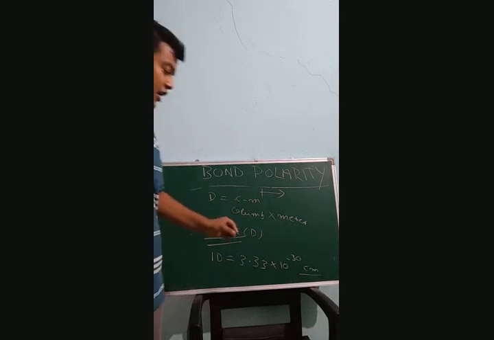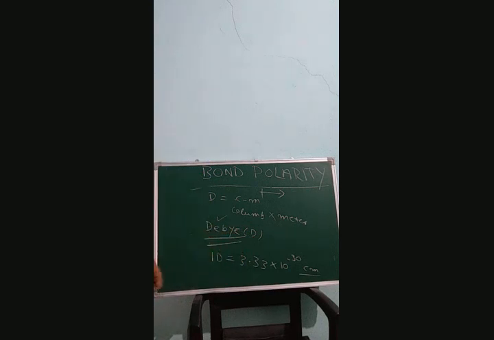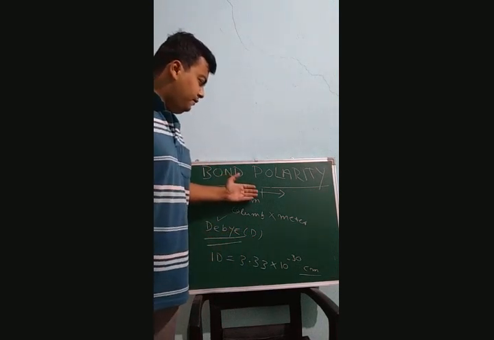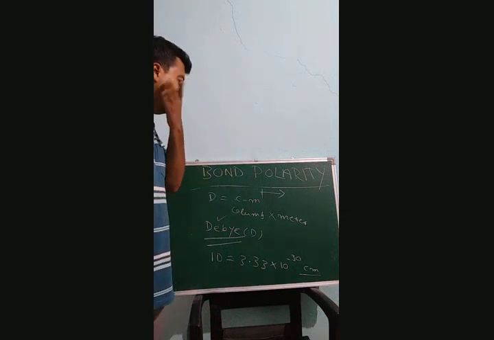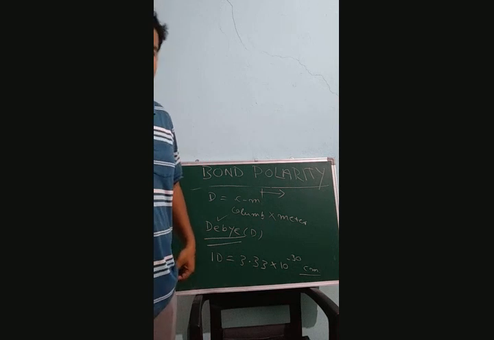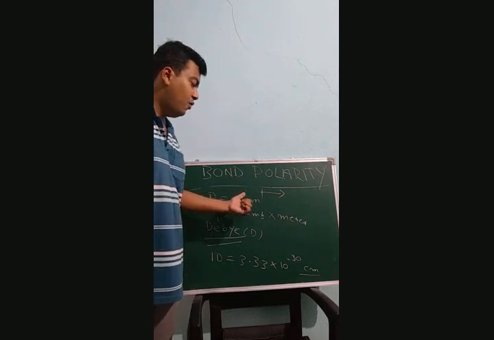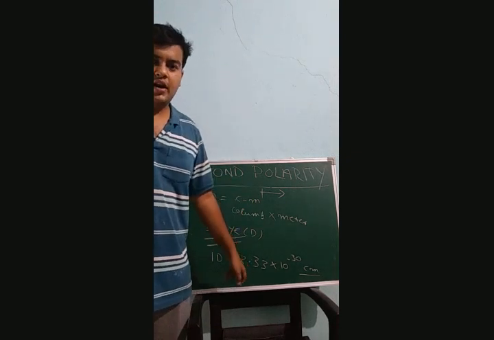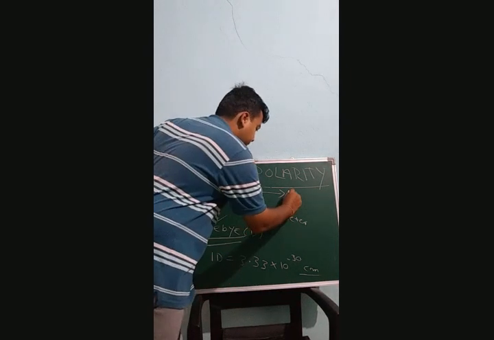Magnitude means some value like 1, 2, 3 or 4 in any unit, and direction means the quantity is defined in a particular way to move. For example, gravity has a particular direction of downwards attraction, so you can say gravity is a vector quantity. Similarly, dipole moment also has a particular magnitude and direction. So this is also a vector quantity.